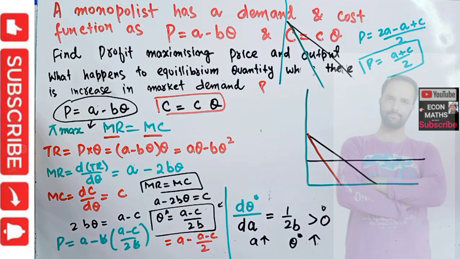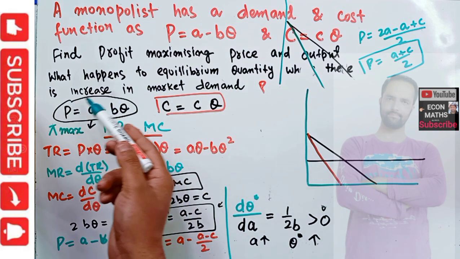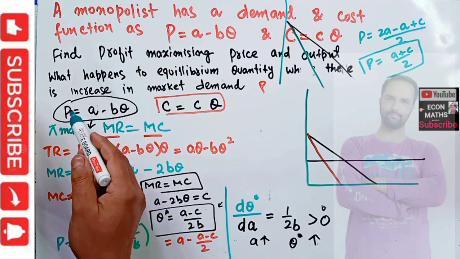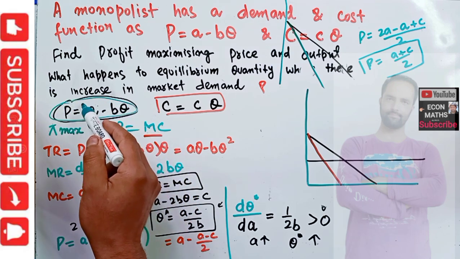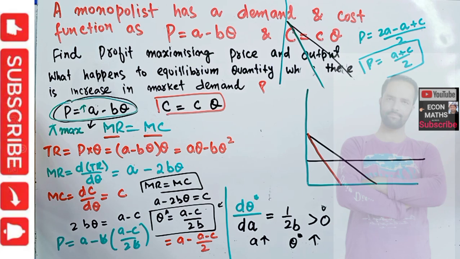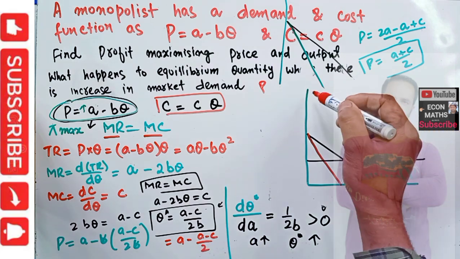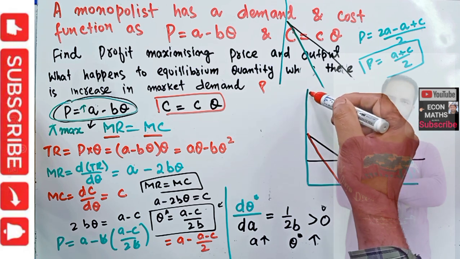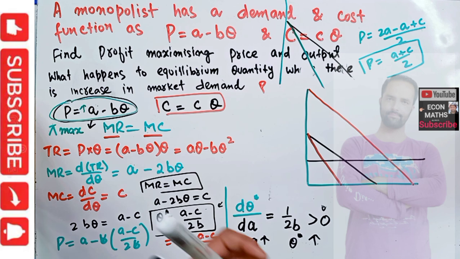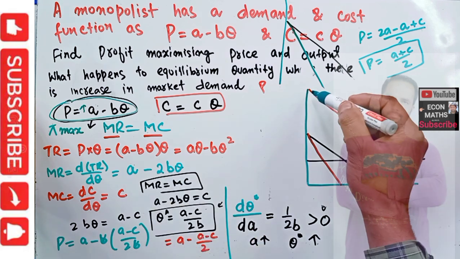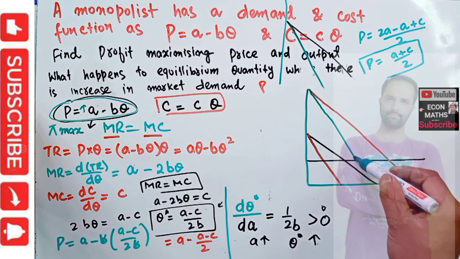Then we were told to find what happens to equilibrium quantity when there is an increase in market demand. When this A increases, there will be a shift here. So our new demand function will become like this, and correspondingly our new marginal revenue function will be like this.